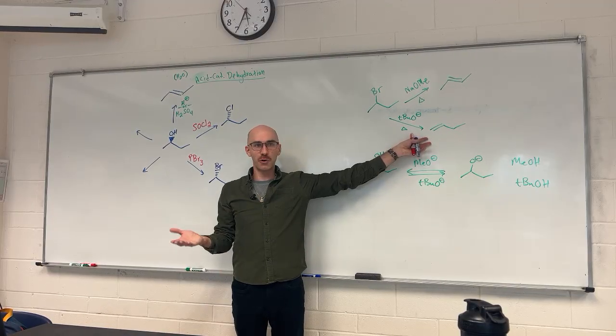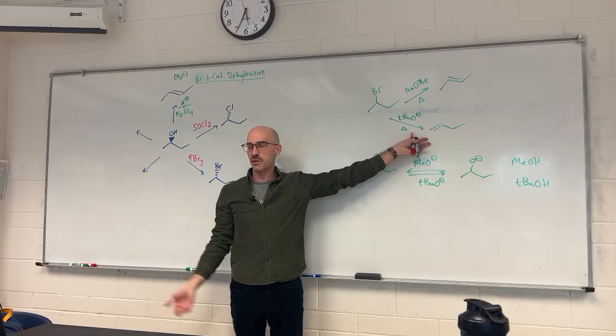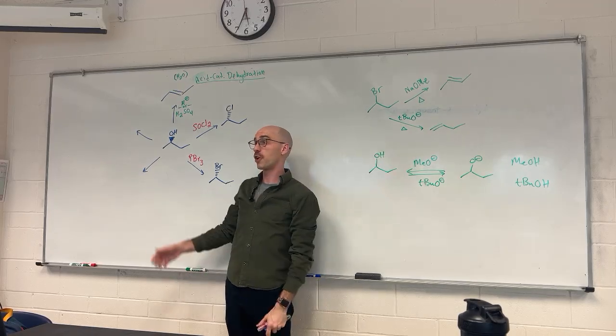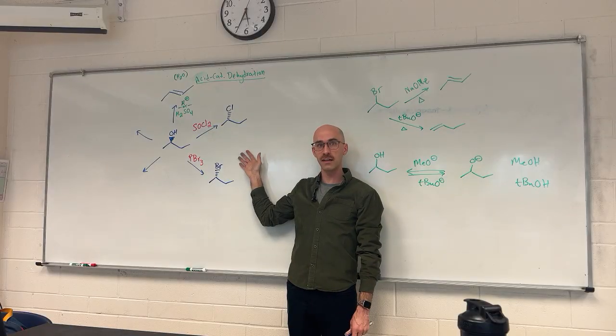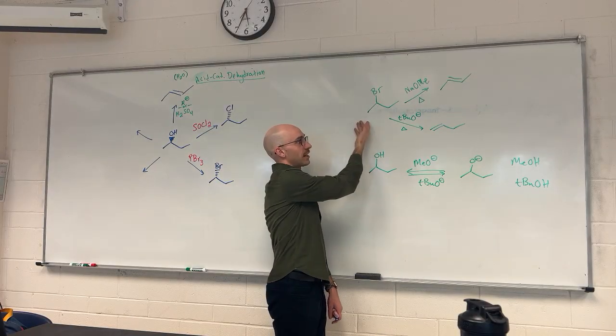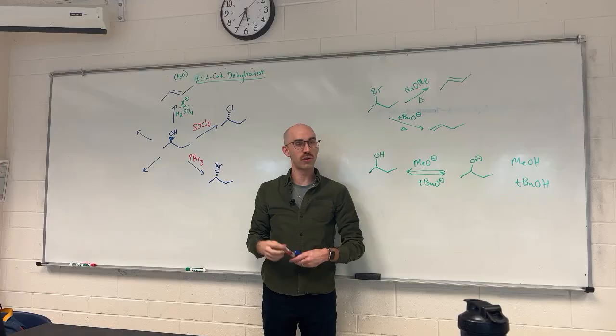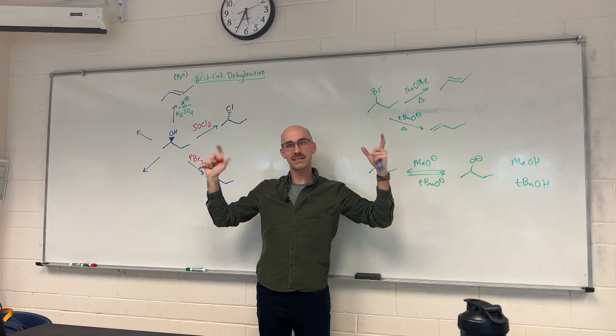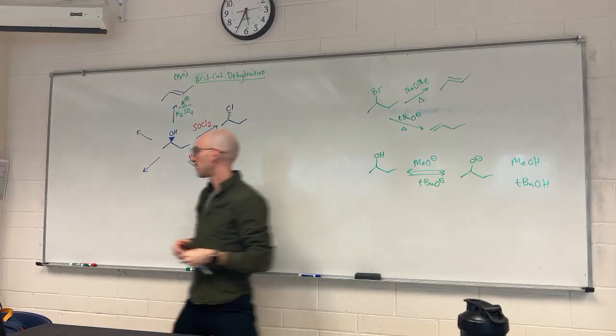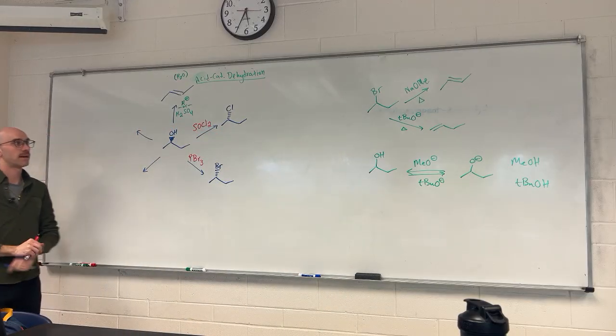I can't control the regiochemistry of my dehydration reaction. So I can substitute the alcohol for an alkyl halide, which can be regio-controlled, leading to a multi-step synthesis type setup.